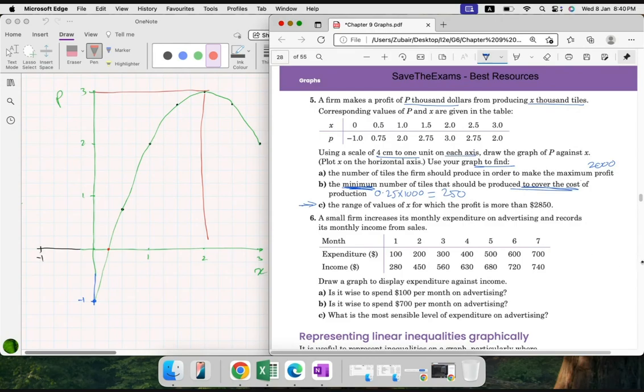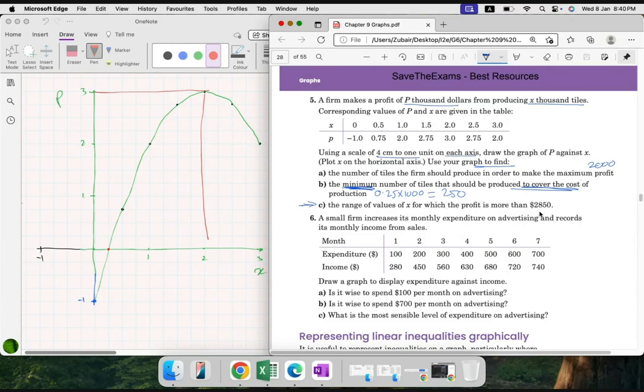Note the values of this. Zero and the profit. So when x is 2, okay, let me just mark that.